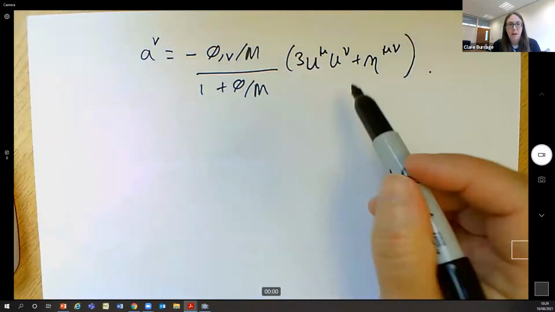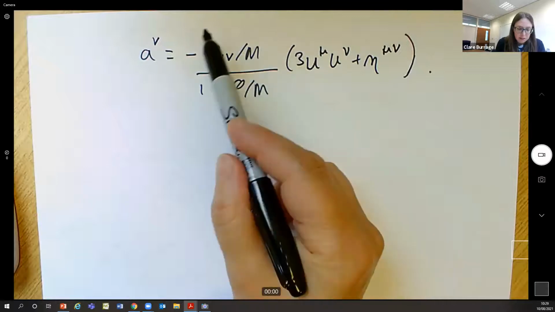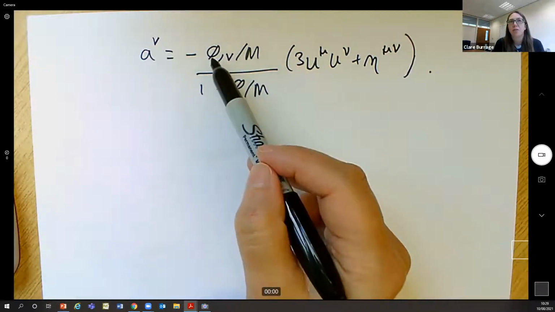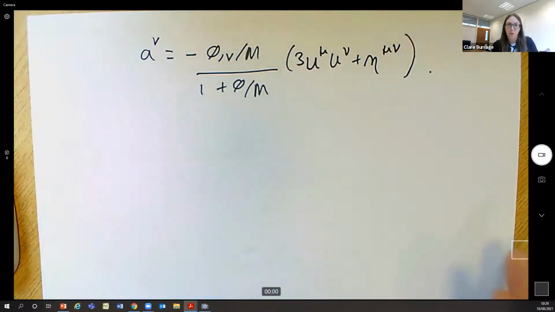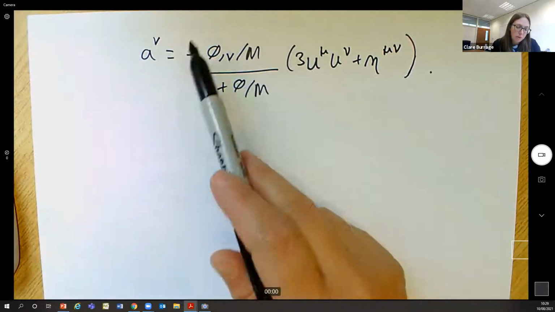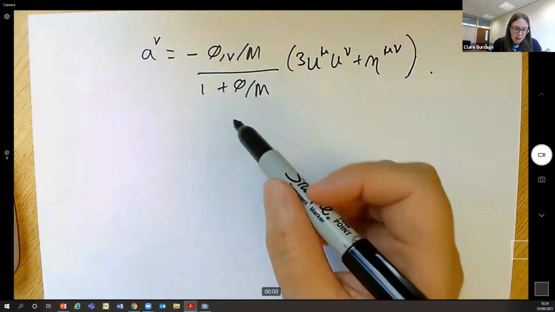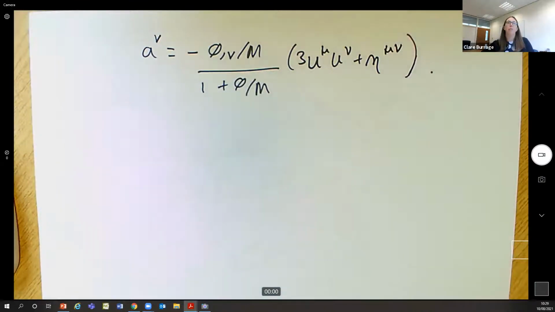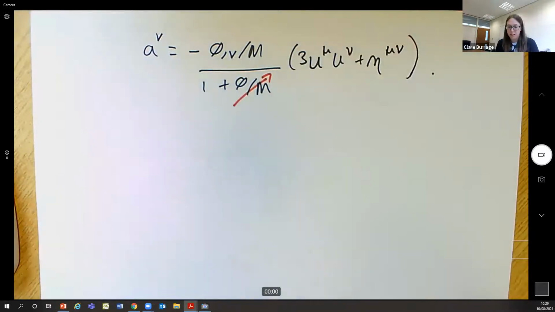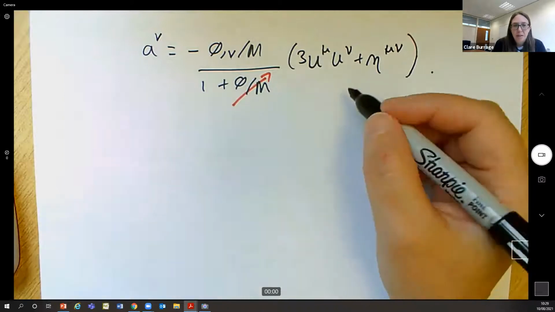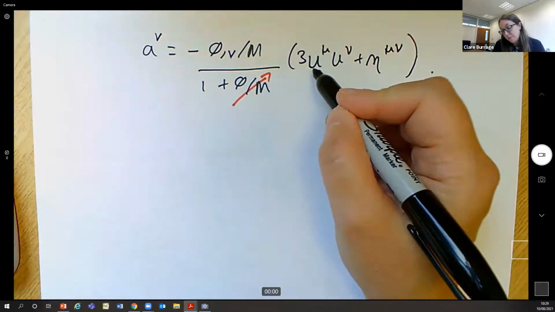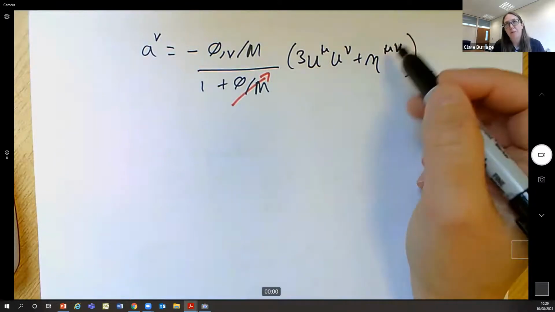So we've got our scalar field showing up here, as we said. So this is a derivative with respect to the new spatial coordinate. We've got our scalar field showing up. In fact, I've said I've Taylor expanded our expression for the coupling function A, so actually I should have already neglected this term in the denominator. And then I have here the four-velocity and our background space-time.